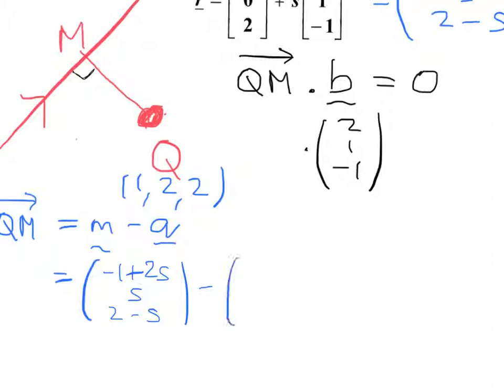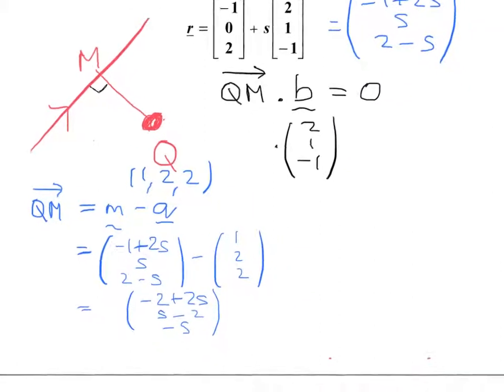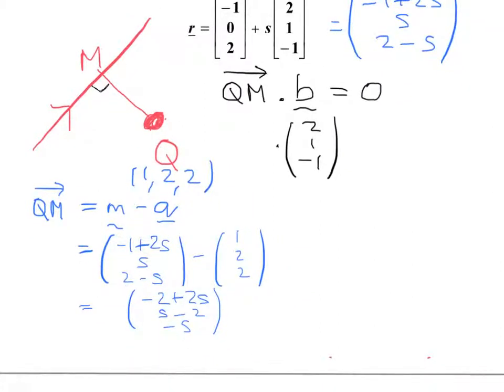And we know what Q is: Q is (1, 2, 2), the position vector of the point Q. So what does that give us? -1 take away 1 is -2 plus 2s, s minus 2, and 2 minus s minus 2 is just -s. There we go, that's the vector Q to M. I'm going to put that right up here in my dot product: (-2 + 2s, s - 2, -s).